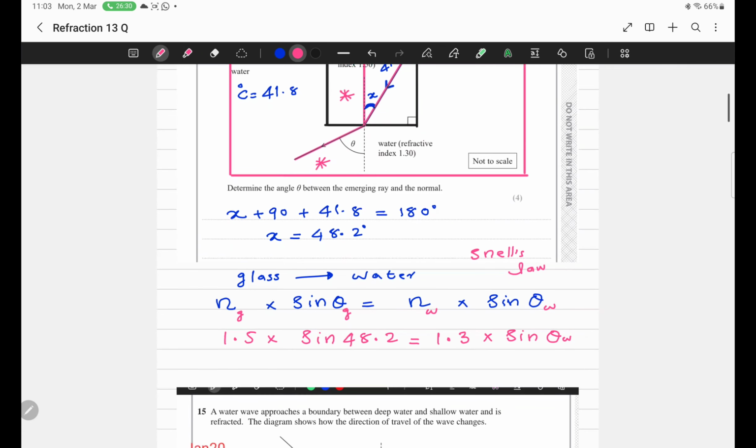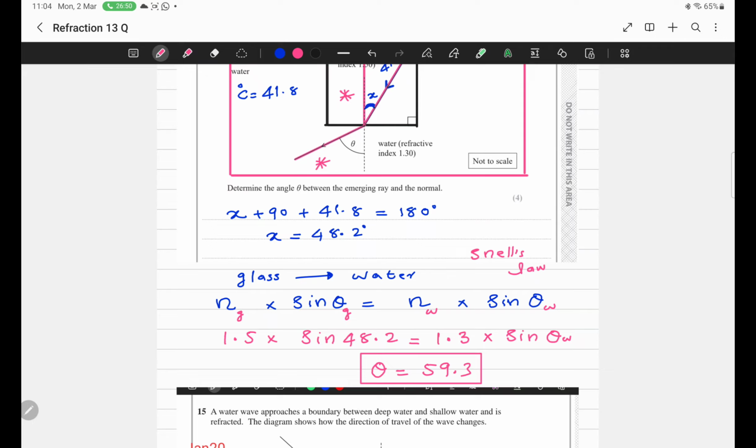So I think you should handle this equation yourself and tell me what is theta. What is theta? 59.3. Angle in water will be 59.3.